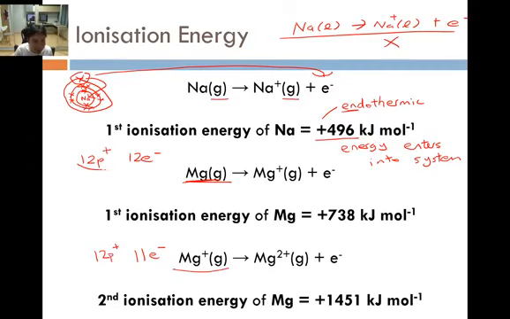For this situation, we have 12 electrons attracted by 12 protons, whereas for this situation, we have 11 electrons held on by the same number of protons, and overall, the effect is that the smaller number of electrons will, on average, be more attracted to the same number of protons, and hence it will always require more energy to pull the next electron out, because the attraction felt by the remaining electrons is always larger, and hence successive ionization energy is always higher.